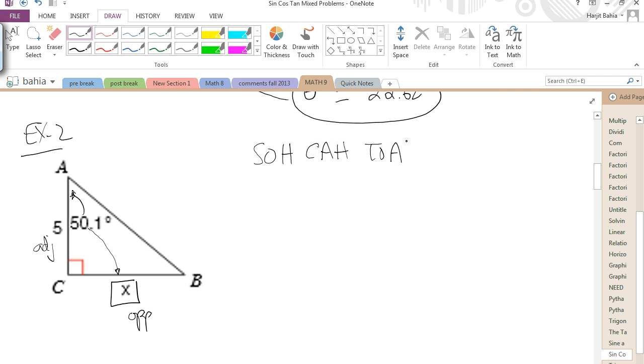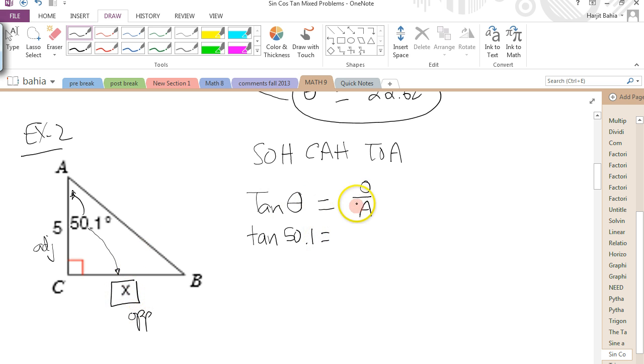Opposite and adjacent. Tangent's going to be our man. Tangent theta is opposite over adjacent. That's what that tells us. So we can use that as our formula. We know that the theta is 50.1, so let's go tangent 50.1 equals opposite.